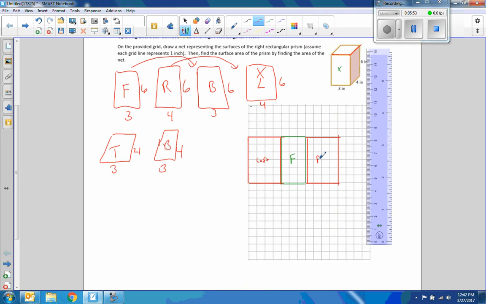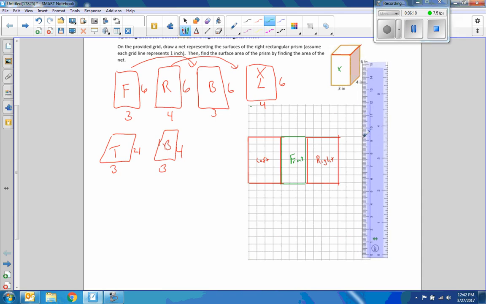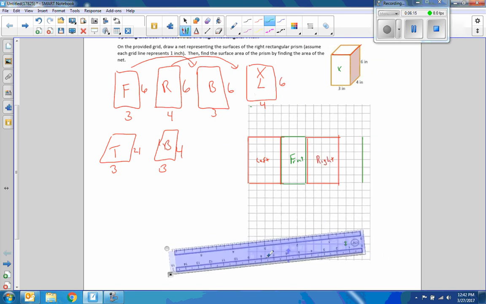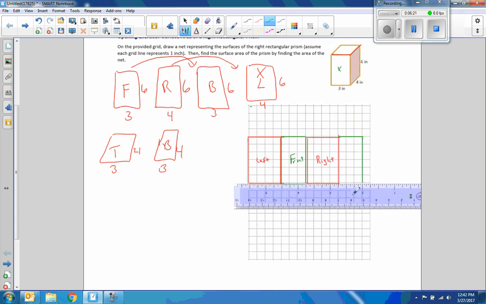This is the right. Front. So we started with folding this piece out this way. Here's the front, here's the right, and then fold out the back. I'll use the same color, and that was 3 wide. So I'll go to here and draw a line. Rotate. Three. Bring down here. 3.